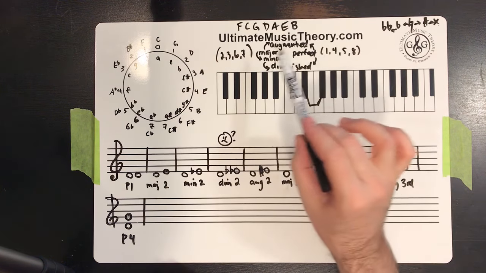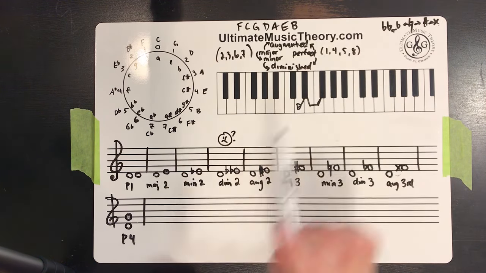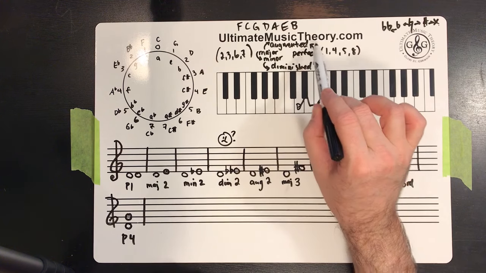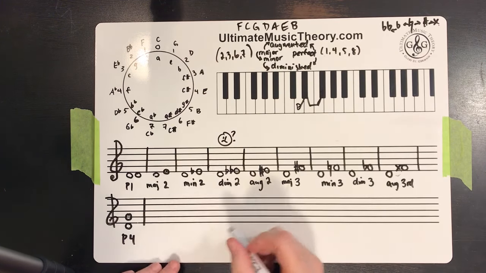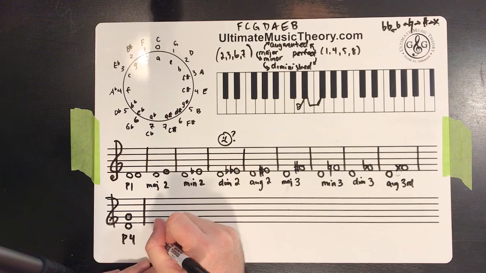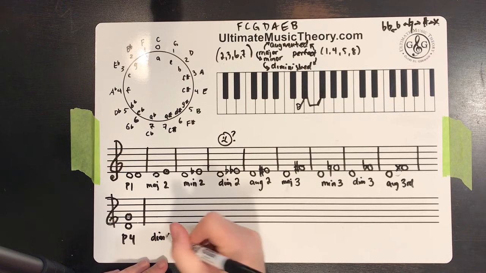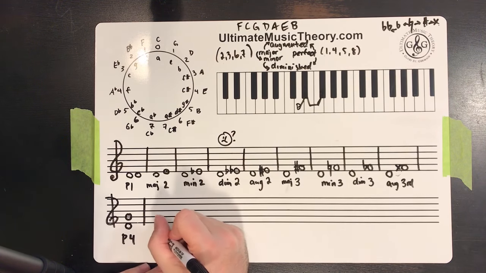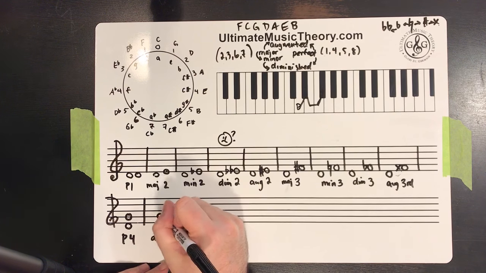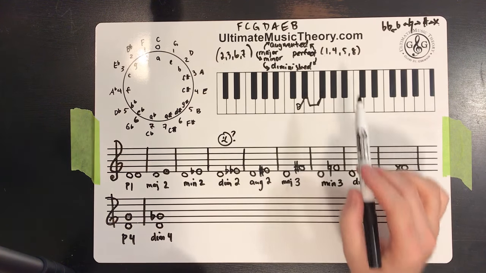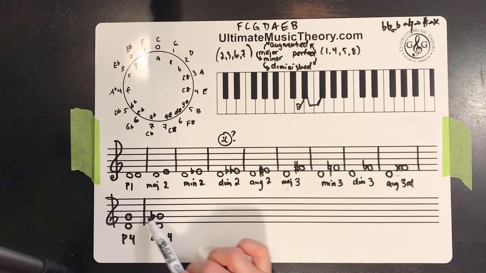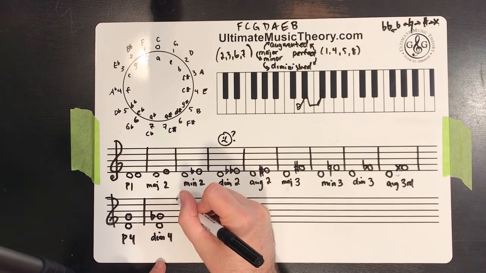Now, because there's no minor with perfect intervals, we go down 1 to diminished and up 1 to augmented. So let's do diminished fourth first. We just have to go 1 step lower. So that's going to be G goes down to G flat.